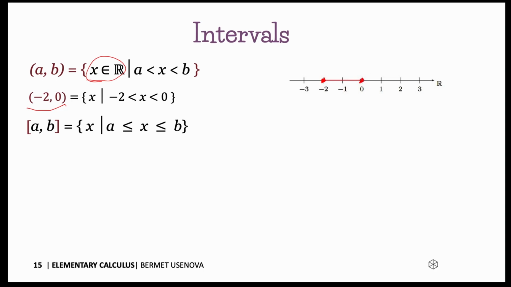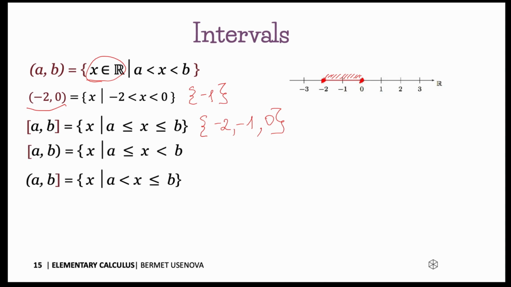For example, here x will include -1, and here it will include -2, -1, and 0, and also all possible numbers between them.